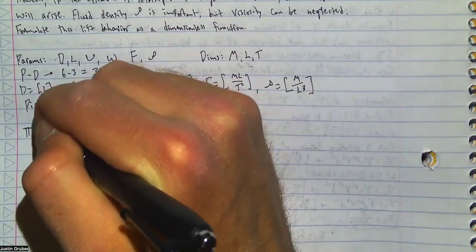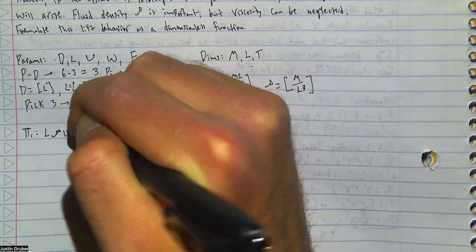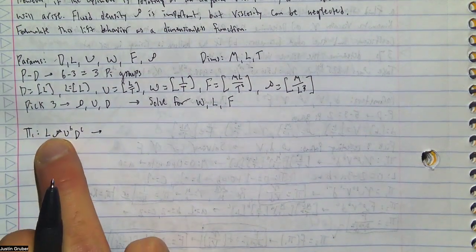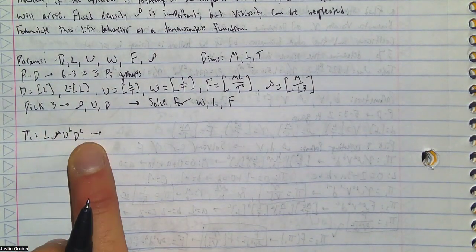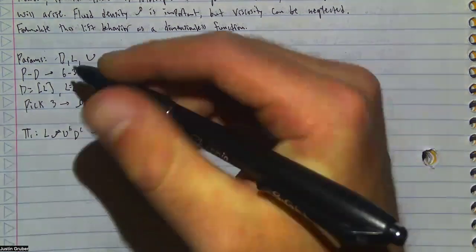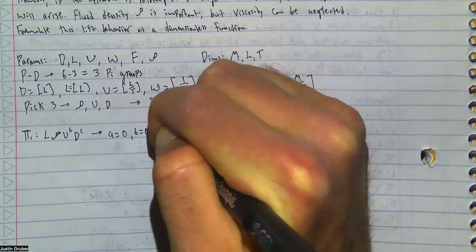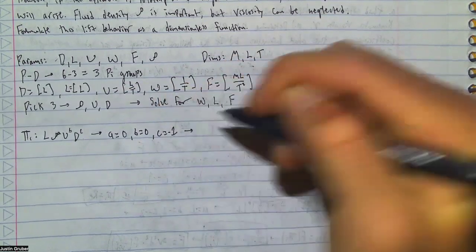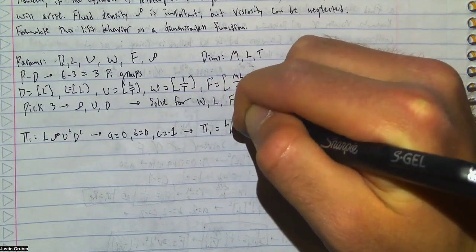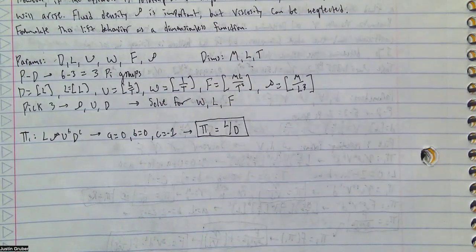So we have L, rho to the A, U to the B, D to the C. If you put A and B equal to 0 and C equal to -1, you get L over D, which is non-dimensional. Don't even have to do any work for it. It's a real tough one, L over D.